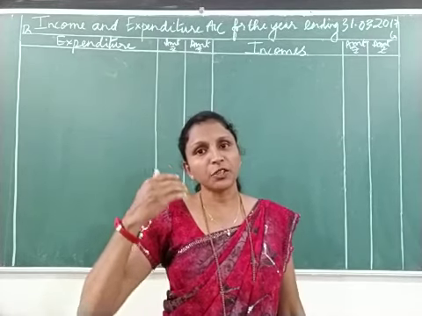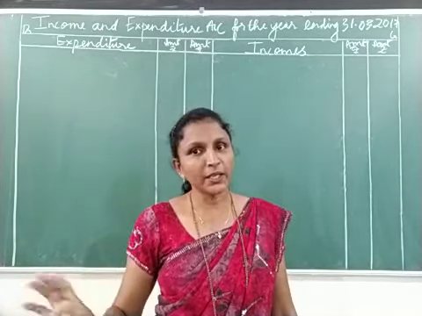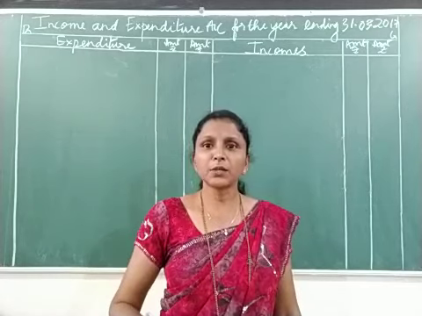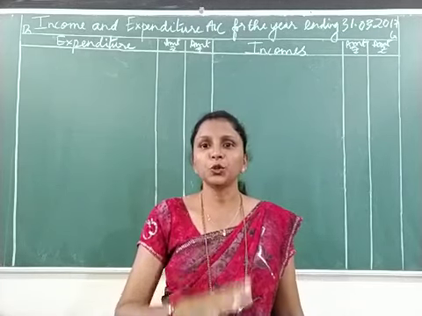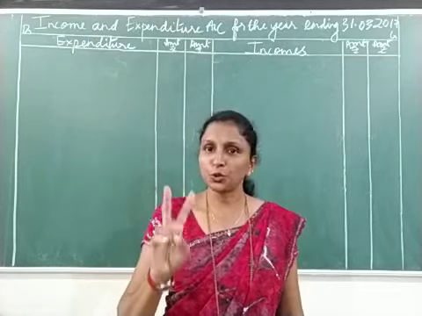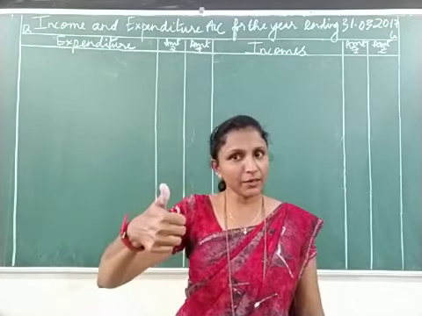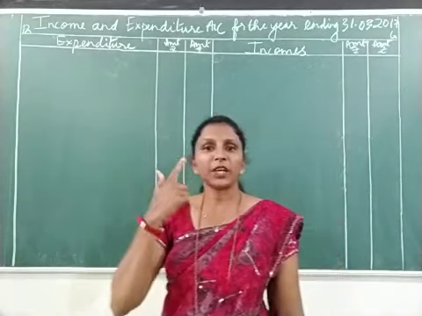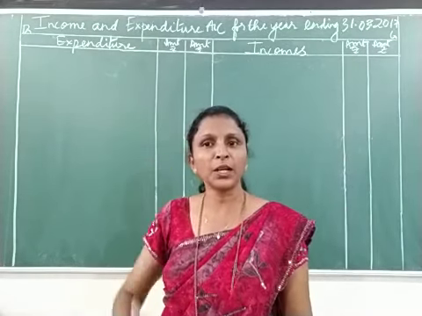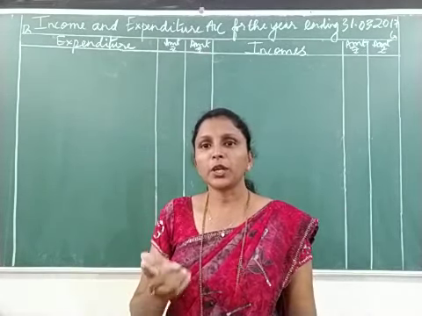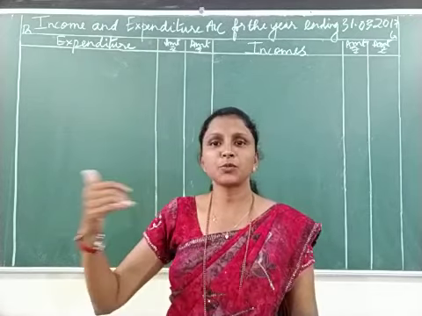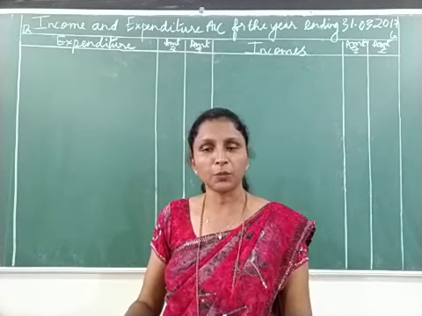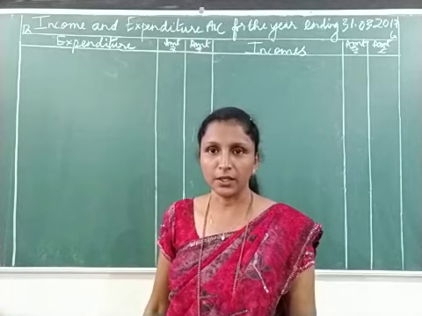Any items given for the next year, you minus it. Any items given for the current year, you take into account. So two things we understood. It is a revenue account, only revenue items are recorded. Second thing, we are recording the items of only current year. So if there are any previous year items or next year items given in the problem, we are deducting it.